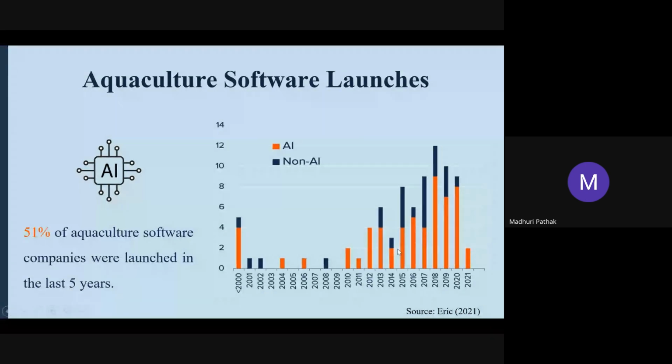If you can see this graph, the maximum numbers are the AI apps, artificial intelligence based apps, more than the non-AI ones. In the data for the last 15 years, you can see there is an increasing trend of using AI tools and AI software in aquaculture also.